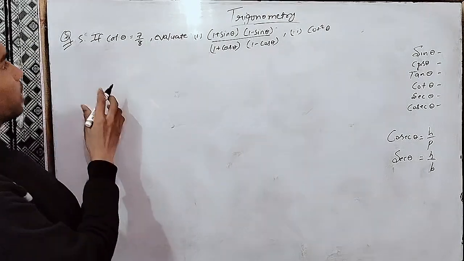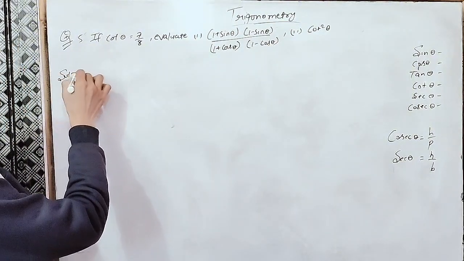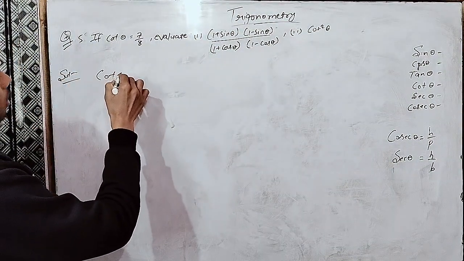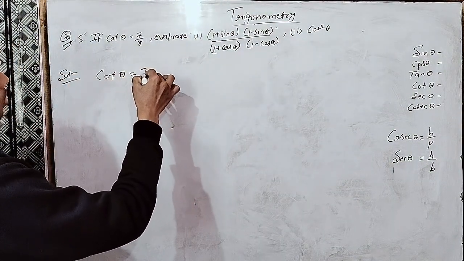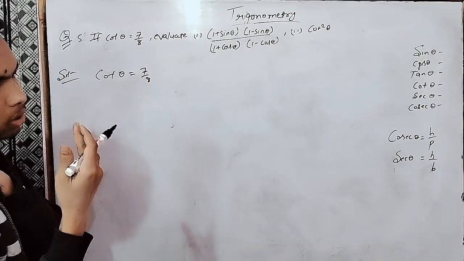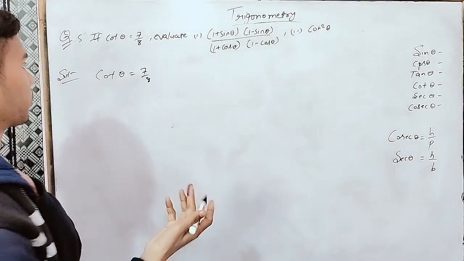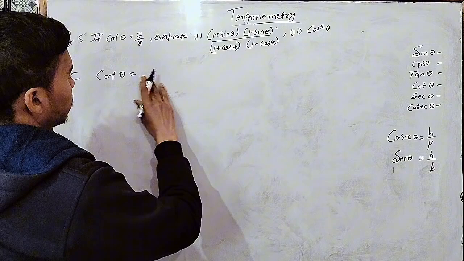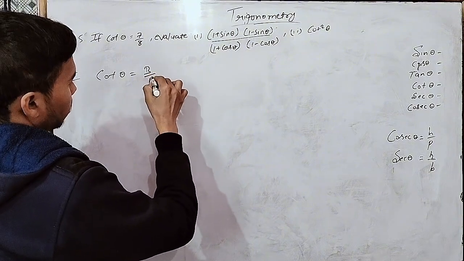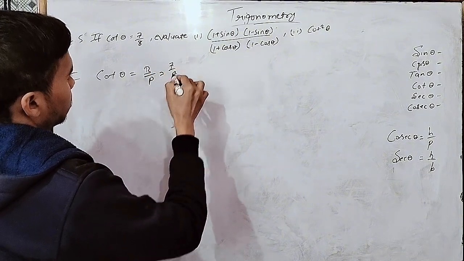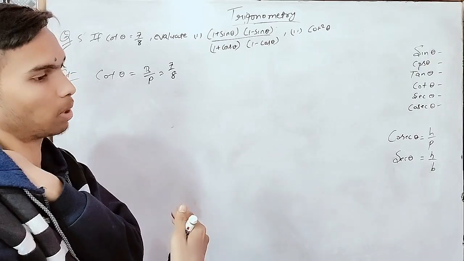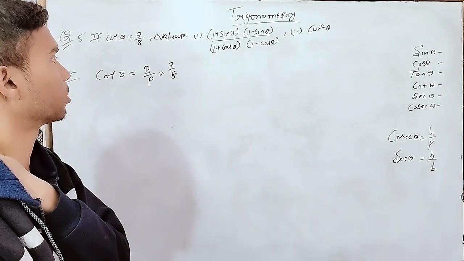You have a cot theta. Let's solve it. Cot theta is given by the equation, which is 7 by 8. Cot is B by P, 7 by 8. Okay, B is 7 and P is 8 centimeter.